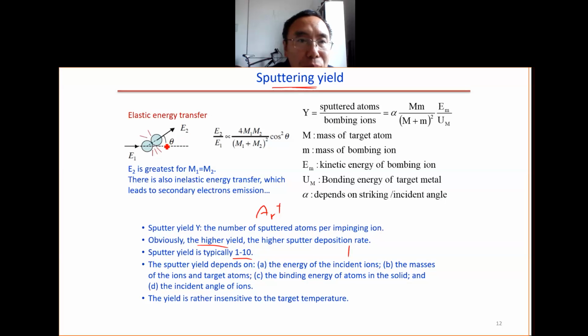If we consider a simple model, we have 1 particle colliding with another particle, and ask how much energy this particle can gain. By using momentum and energy conservation, we can have this kind of formula. Similarly, the sputter yield is given by this formula. You can see it depends on the energy of the incident ions: the higher the energy of the ion, the higher the sputter yield.